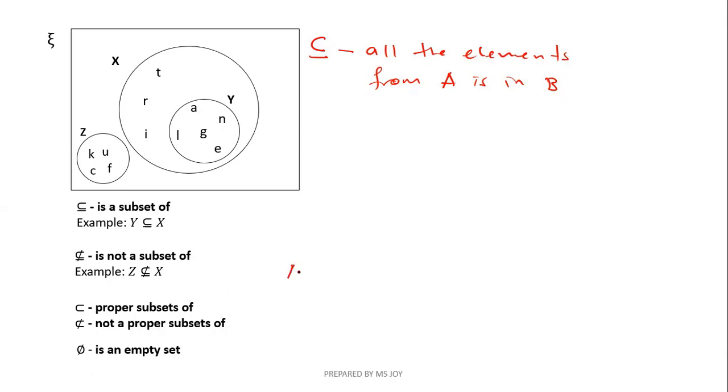Let's say an example. I know this is a very common example that I am repeating 1001 times, but I believe students are not that memory powerful. So let's say set B has 1, 2, 3, 4, and 5. I can say that A is a subset of B. Why?